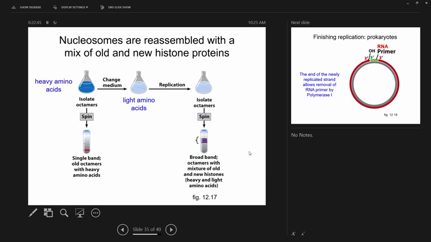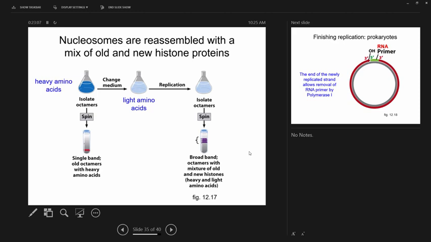So the tetramer, the H3H4, is either all old or all new, and each H2A, H2B dimer is either all old or all new. And then all of those tetramers and dimers are just floating around in the cell and randomly go back in to form the new nucleosomes.